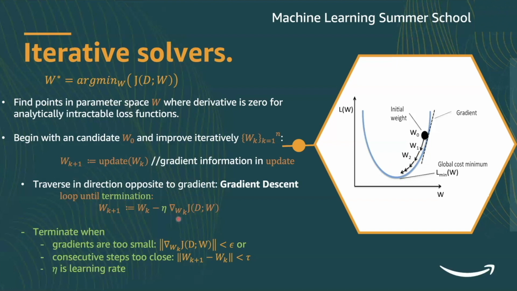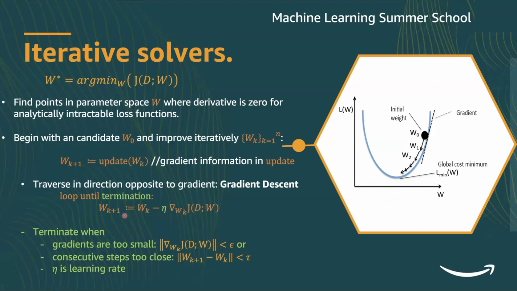So the equation looks like this. w(k+1) is nothing but wk minus eta times nabla J. This nabla J is nothing but the gradient computed at wk. This eta here is the learning rate, because we don't want to overshoot and go past the minimum.